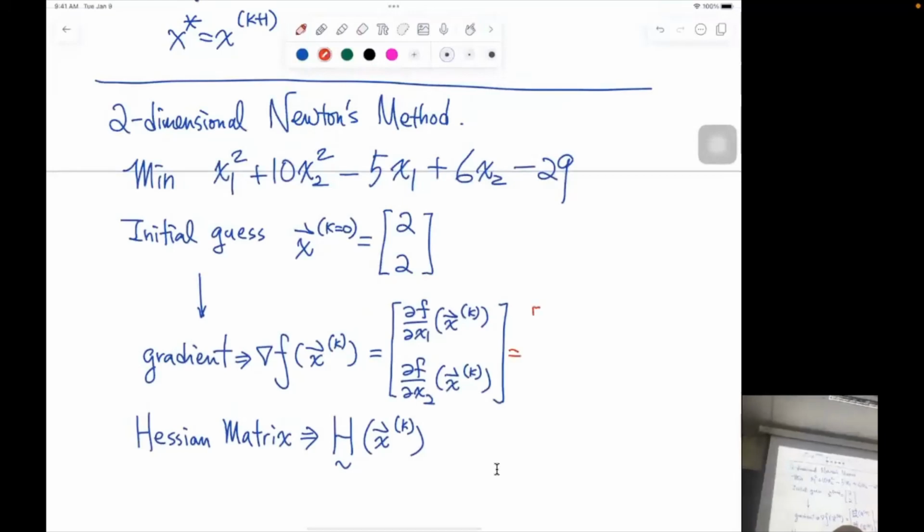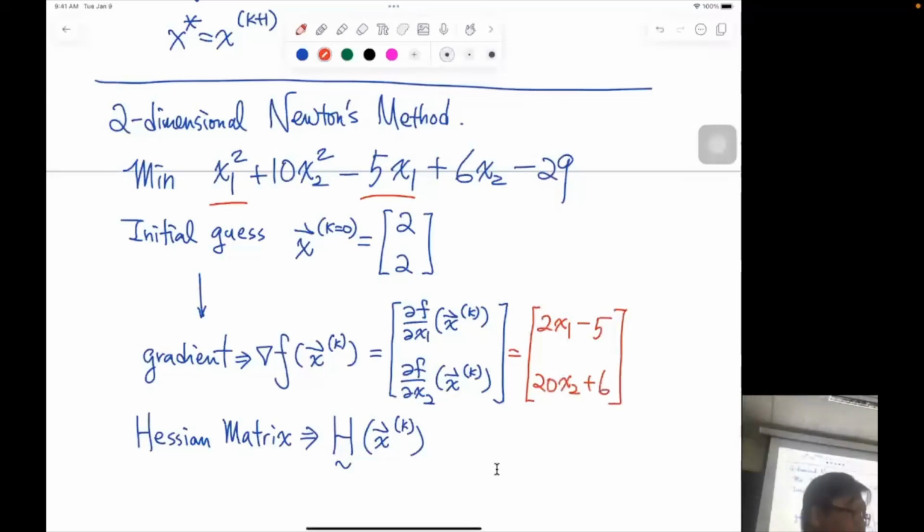Partial derivative is not difficult. It's like 2x1 plus 20. The other one is negative. Oh, sorry, I made it wrong. 2x1 minus 5. Here, this is where you have x1, right? Over here, 20x2 plus 6. That's exactly the gradient you have for this problem.